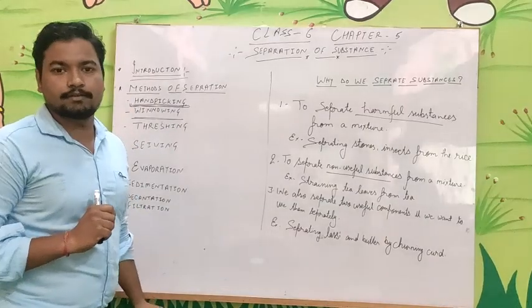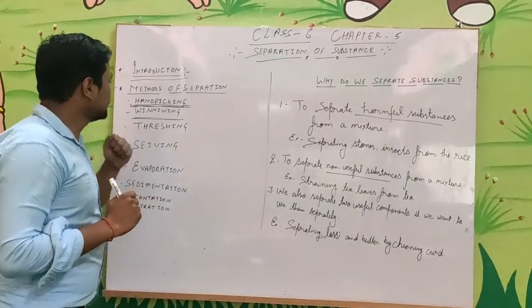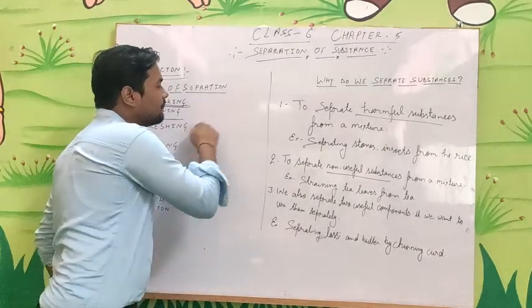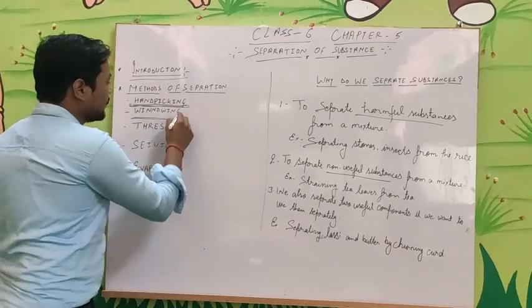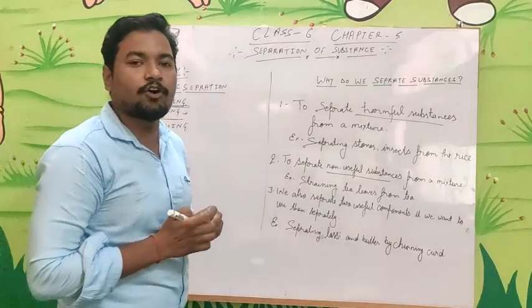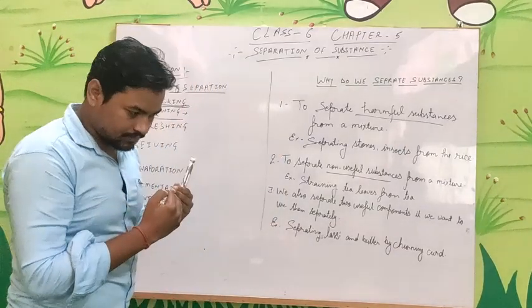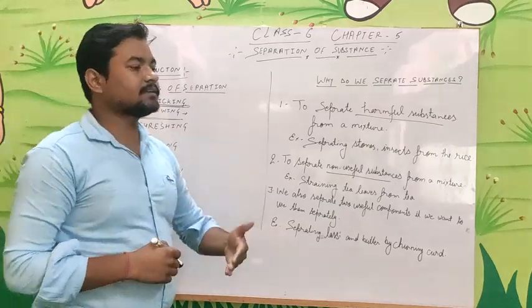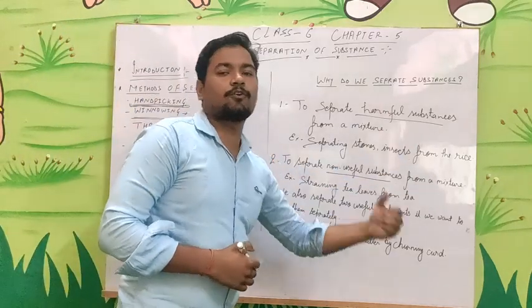Winnowing means to separate substances with the help of air. In winnowing, the heavy substances fall near the person and the lighter substances fall away from the person.